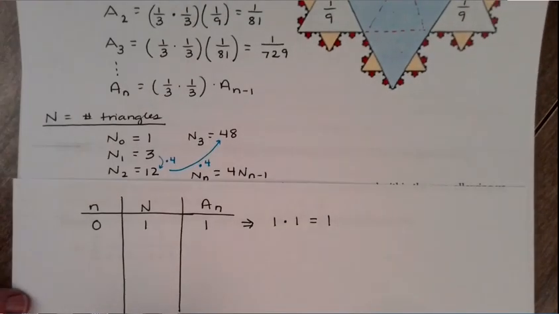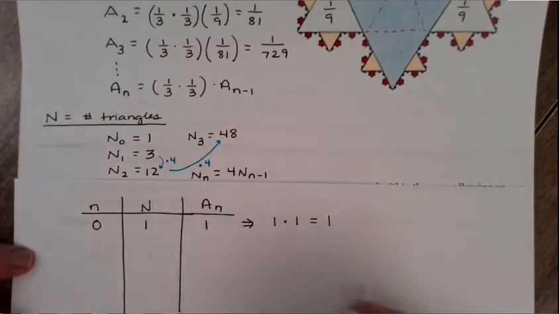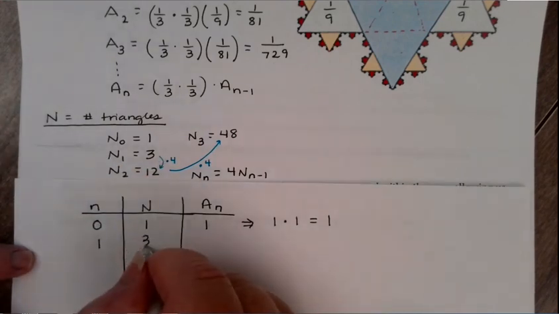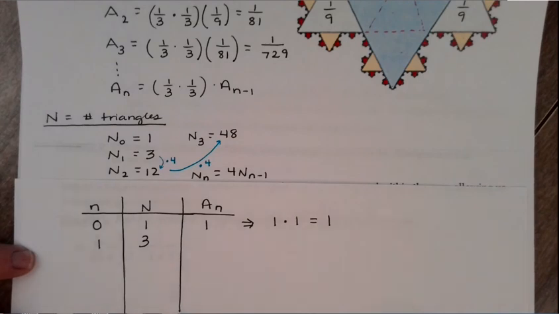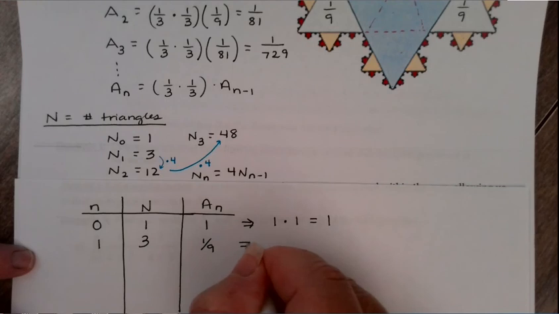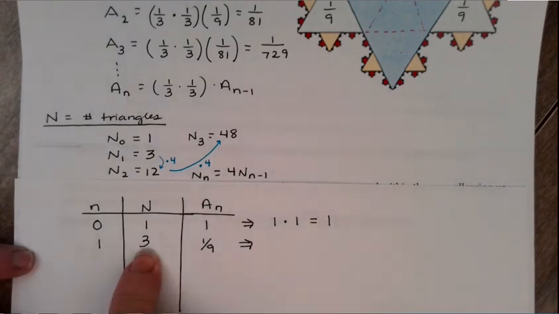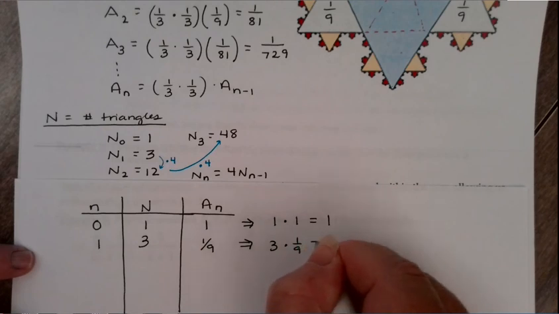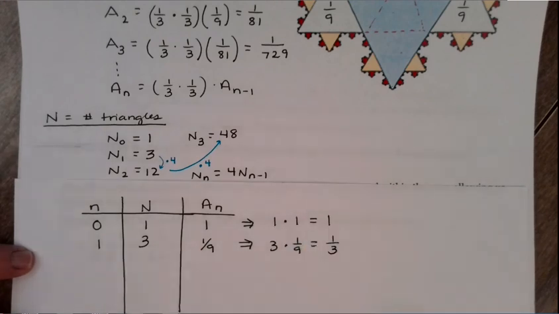After that, I should be able to start establishing a pattern. When n is 1, there were 3 triangles. A1 was 1/9. So 3 triangles with an area of 1/9 each would give me 1/3.